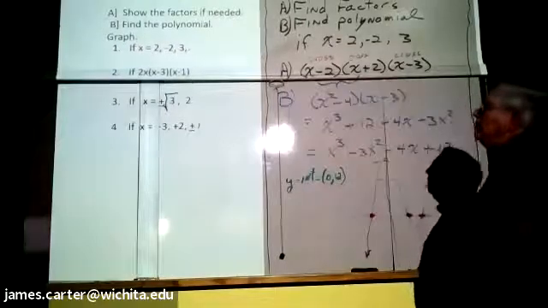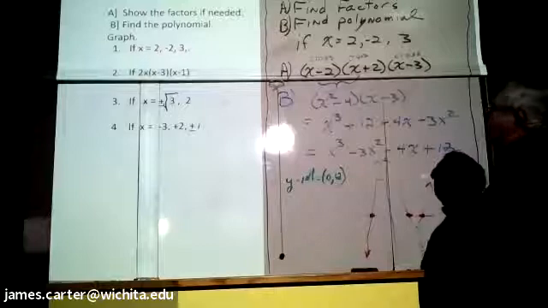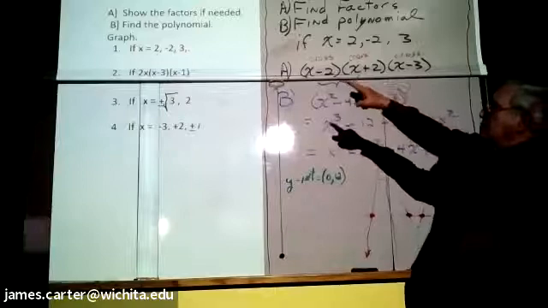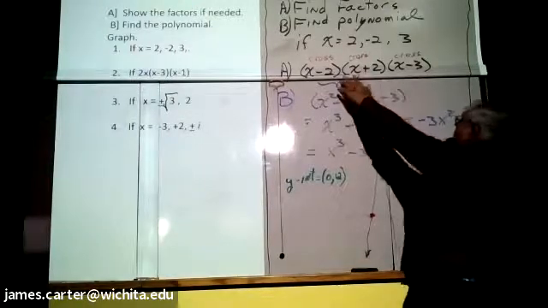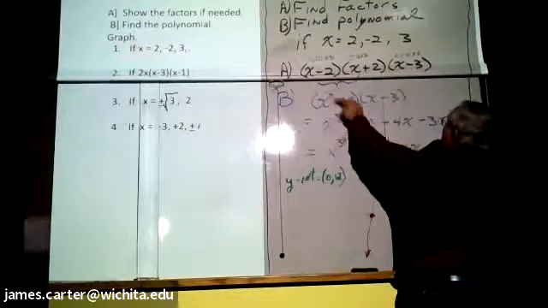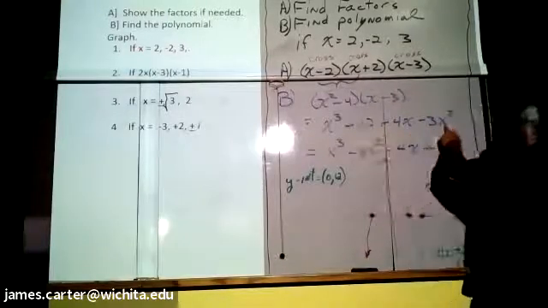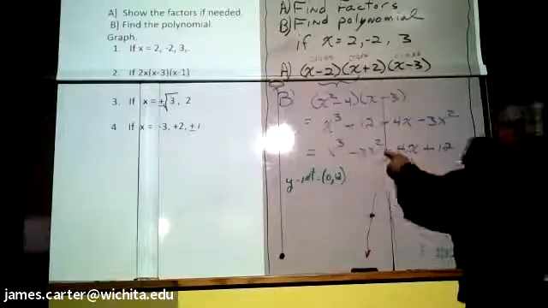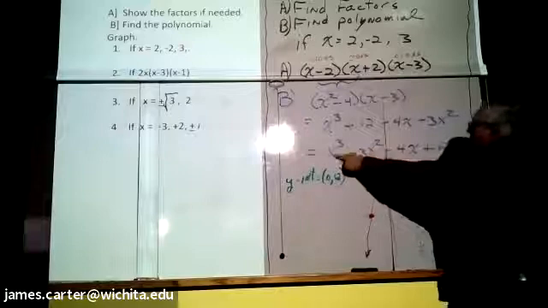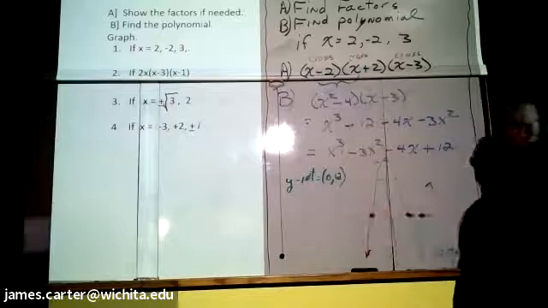Now, if we wanted to find the original polynomial, that's statement number 1, we would multiply these 2 together, getting x squared minus 4, and take that times x minus 3, giving us this equation, which simplifies to that. It would give us this trinomial, this cubic.